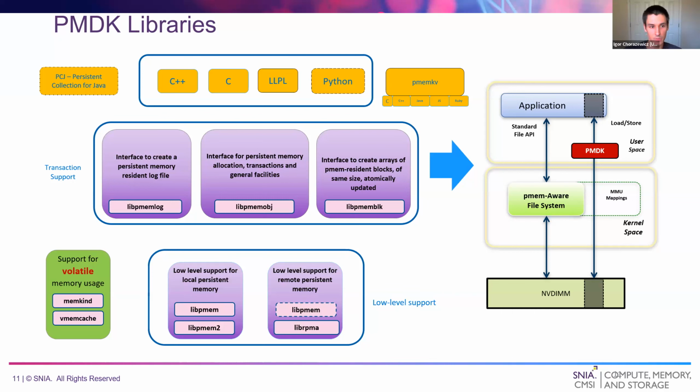So we can think of it as something similar to a database, but with object granularity. We also have libpmemblk, which is an interface to create an array of PM resident blocks of the same size and atomically update them. There are also, for some of those libraries, bindings to different languages like C++, C, Java, Python, and so on.